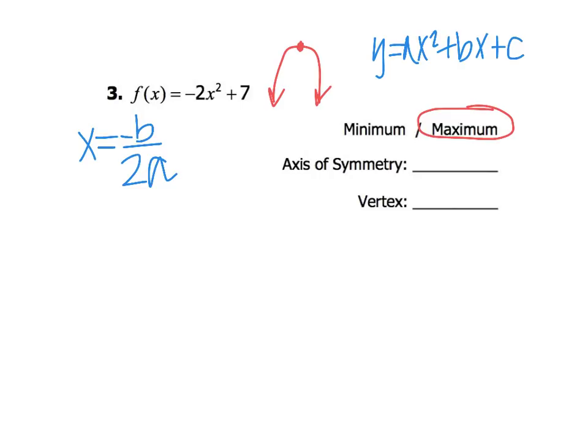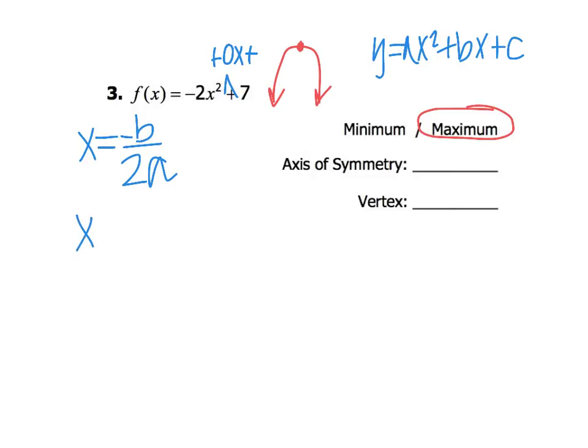Now, we're missing a bx here. We've got our constant is 7, and ax squared is negative 2x squared, but we're missing bx. So we have to be sure to remember that this is plus 0x plus 7. So therefore, our b would be 0. So we put a placeholder 0x in there to remember that b is 0.